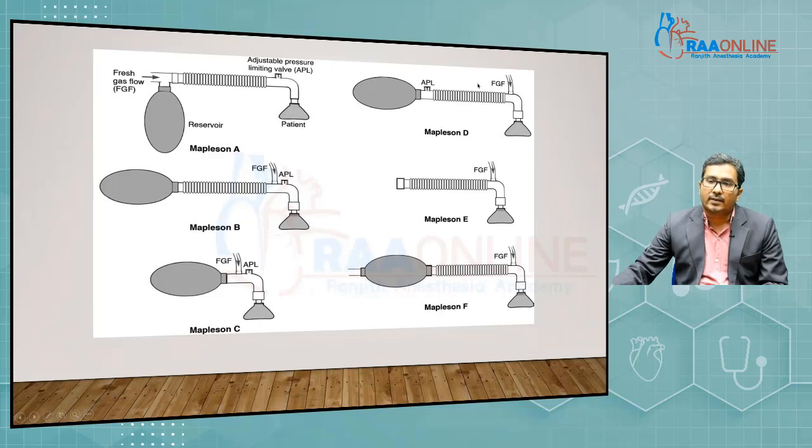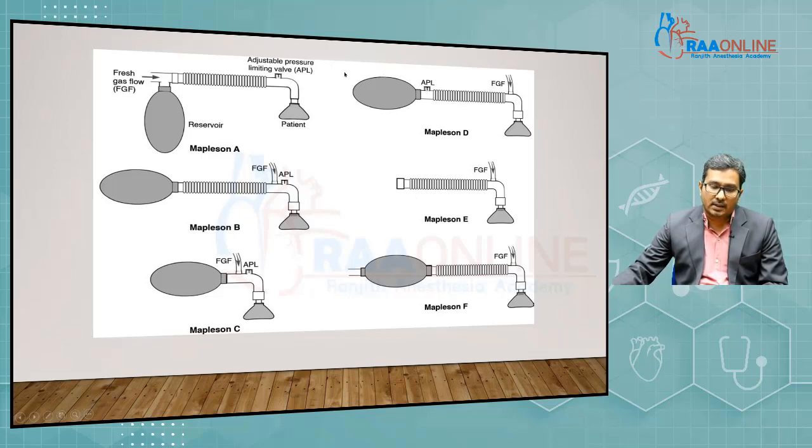You can see the fresh gas is very close to the patient, whether it is Baines or Mapleson D. In D, E and F, the fresh gas is very close to the patient end, and the APL valve is away from the patient, at the machine end along with the reservoir bag. So the reservoir bag is placed in the efferent limb, and it is called an efferent reservoir system.